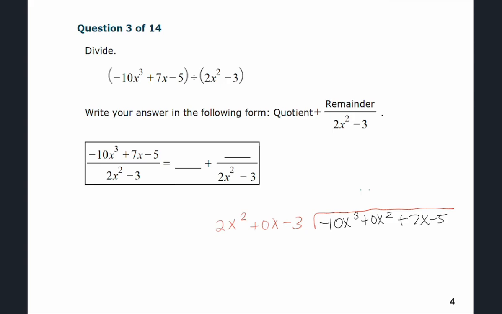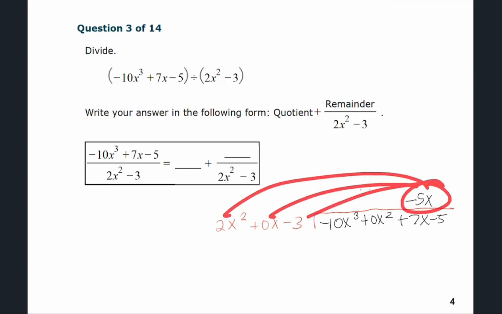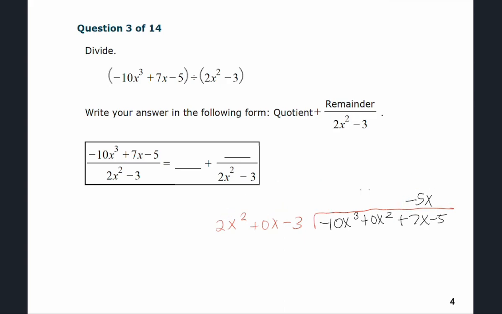Okay, so what could we multiply 2x squared by to get us negative 10x cubed? That would be a negative 5x. So it goes down here above the x. And then we're going to distribute that to all of those. Now, we need all of them so we can line up everything perfectly so we don't forget something. So that's going to be negative 10x cubed plus 0x squared plus 15x.